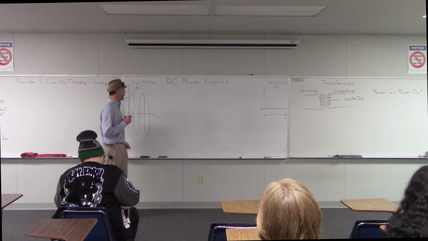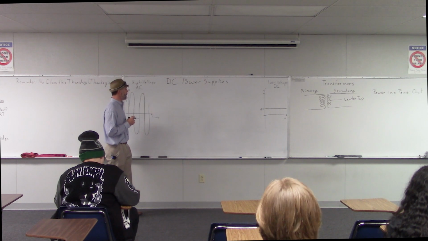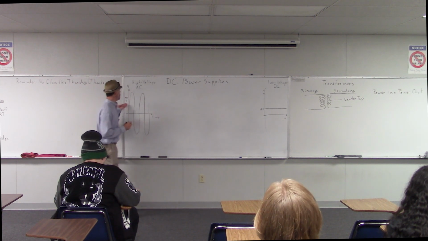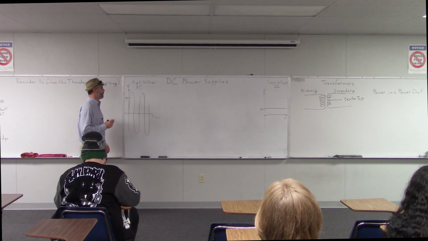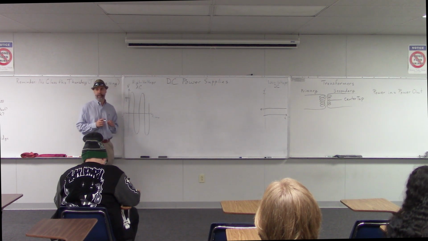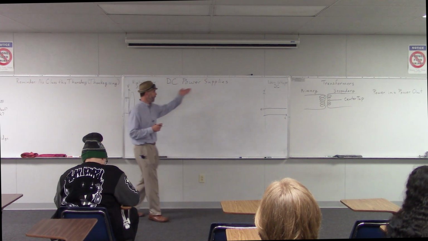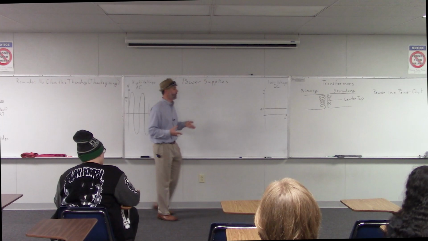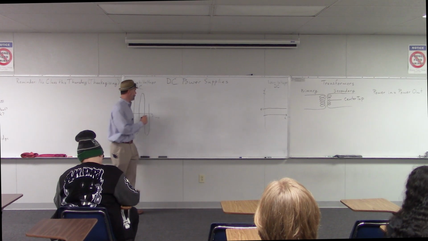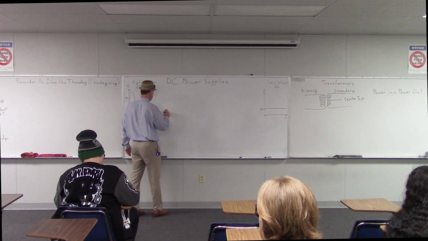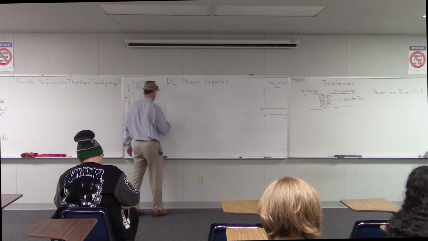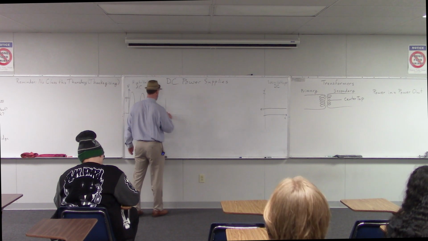So the first step that happens inside of a DC power supply is that we take this high voltage AC signal and we turn it into a low voltage AC signal. We're trying to get it closer to this low voltage DC, so the first thing we do is we lower the voltage. So that would look something like this.